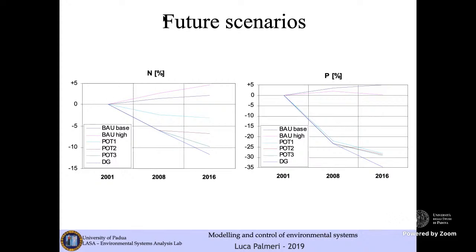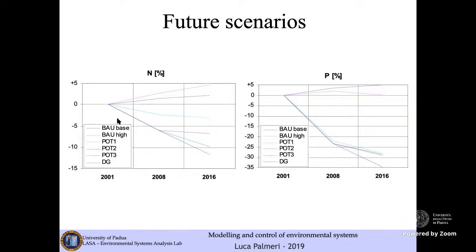In particular, we estimated the percentage variation from the actual condition in 2001 and the implementation of different scenarios in 2008 and 2016 in different conditions.